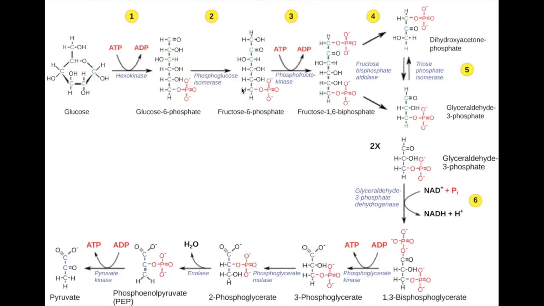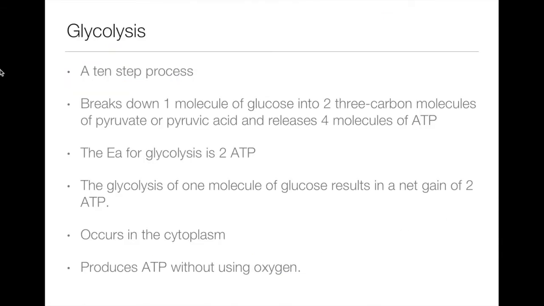And let's see a diagram here. Of course, you don't need to know the steps or the enzymes or the compound names. I want you to see that the end product is a pyruvate. I want you to know that glycolysis produces ATP without using oxygen, and that each step is catalyzed by a different enzyme.